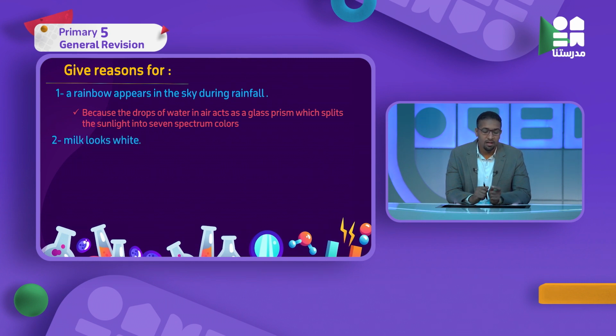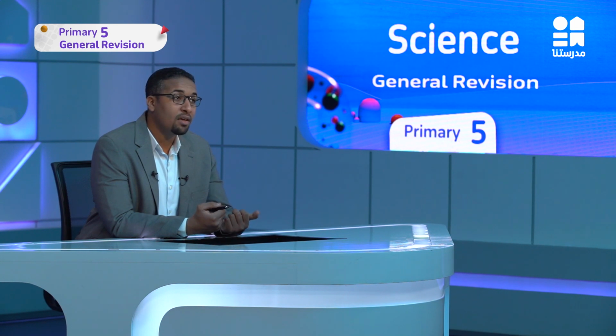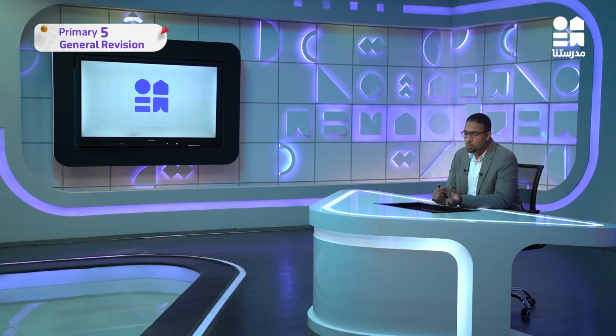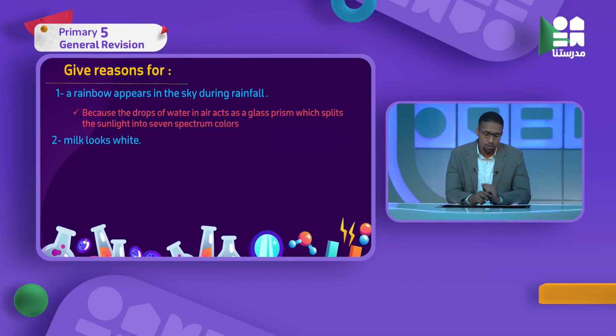Number 2, why does milk look white? Milk is not transparent, it is an opaque object. Do opaque materials reflect or transmit light? They reflect light. So the answer is: because milk is a white opaque object that reflects all light colors, so it seems white.